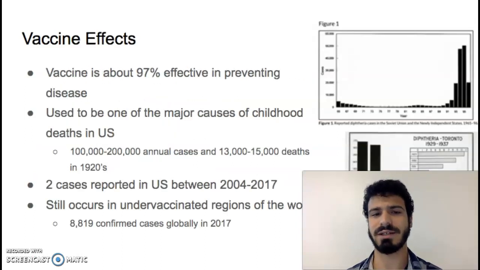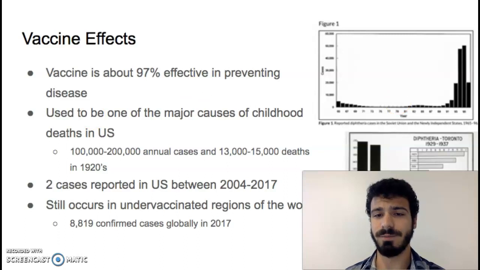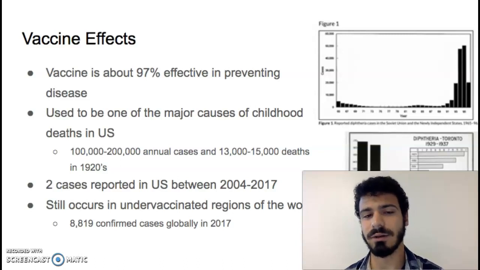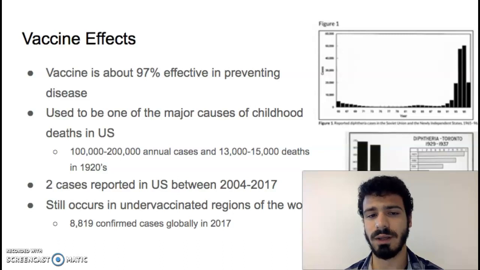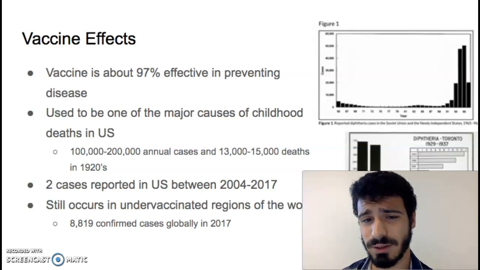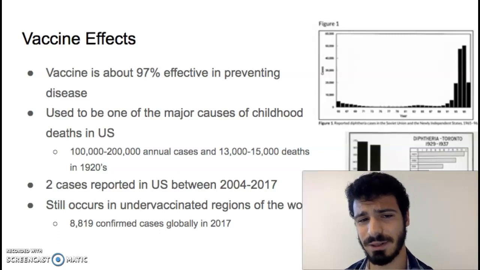The vaccine has been one of the most successful vaccines as far as reducing really bad disease. It used to be one of the major causes of childhood deaths in the U.S., and in other places where it was prevalent as well. In the 1920s, there were 100,000 to 200,000 annual cases with 15,000 deaths.